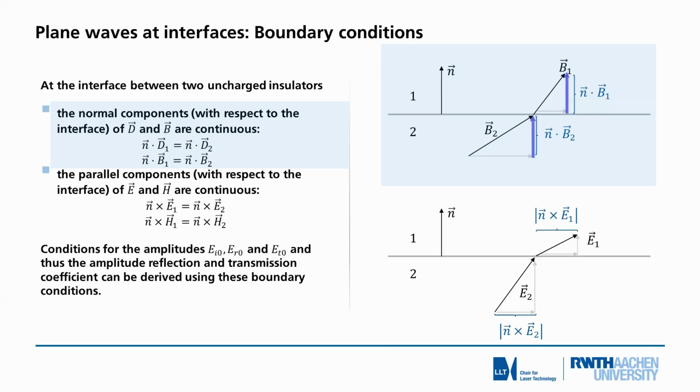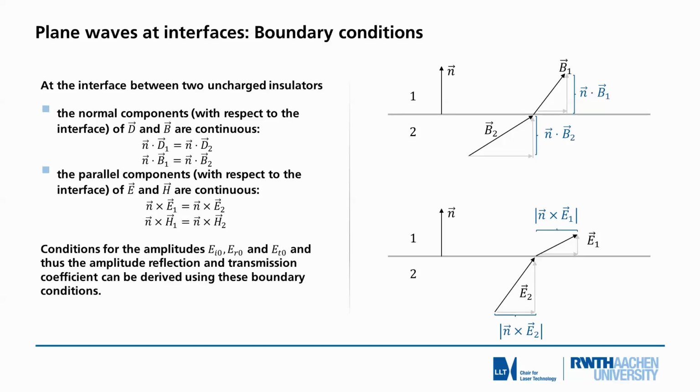So this is denoted here by n times b2 is the same as n times b1. So these vector components are exactly equal because over the change of the medium they are continuous.